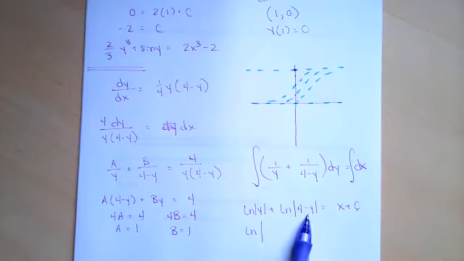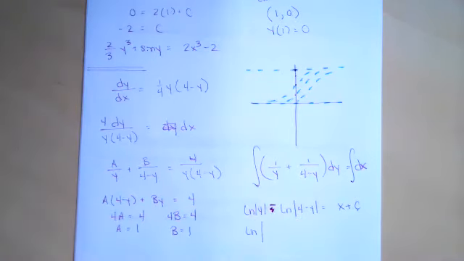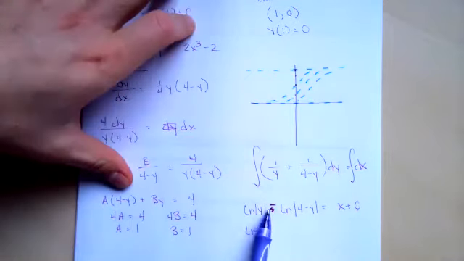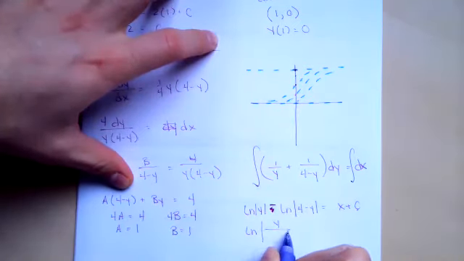If I take a derivative of this guy, what do we get? We'll get 1 over 4 minus y times a negative 1. So this should actually be a negative. There. So mind the minus signs. So it's subtraction outside the logs means division inside the logs.